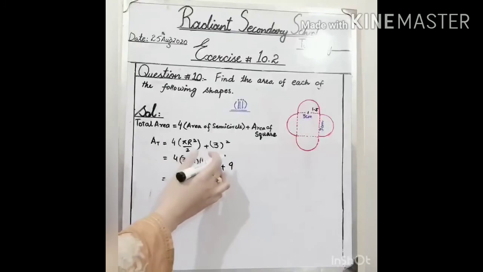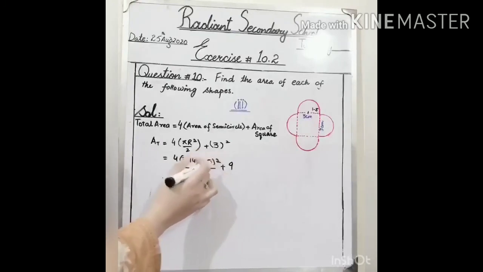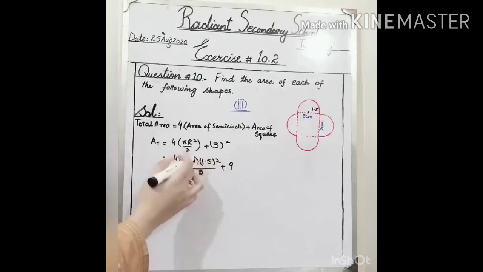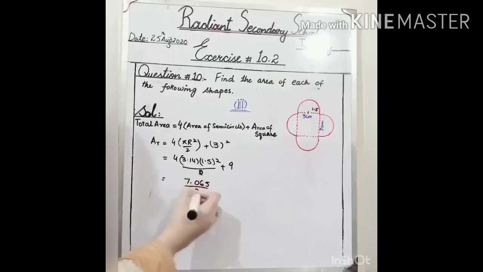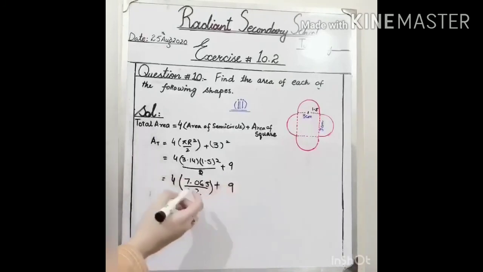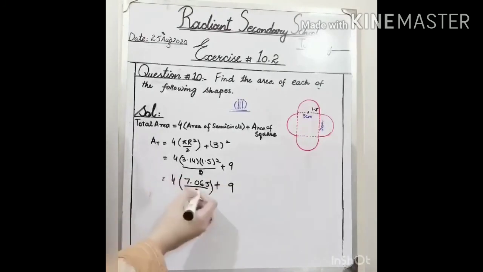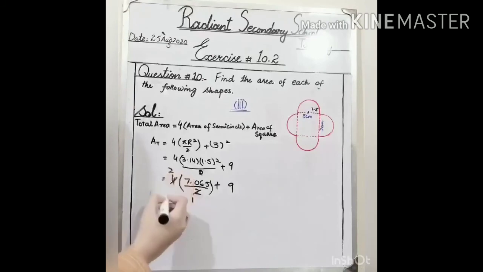Now students, take the square of 1.5 and multiply it with 3.14. So your answer will be 7.065 divided upon 2 and this 4 plus 9. We can cancel this 2 with this 4. 2s are 4.